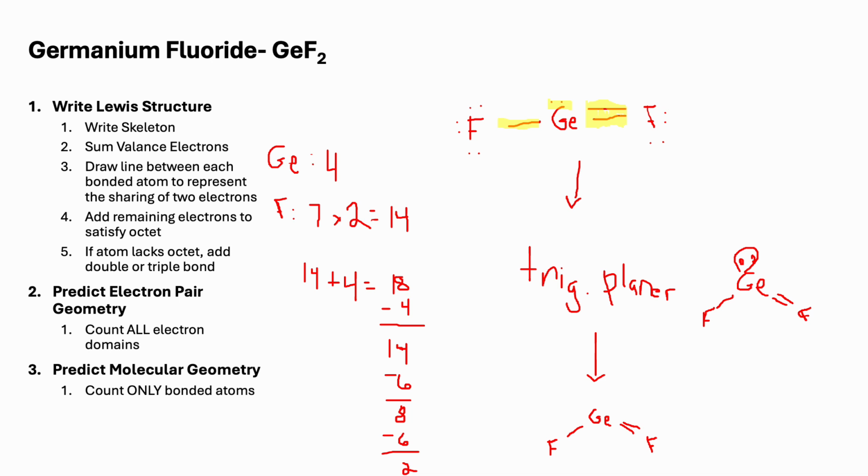But because our molecular geometry only counts our bonded atoms, it's only going to look at these guys right here. It's not going to look at this lone pair. So for germanium fluoride, its molecular geometry is a bent geometry.